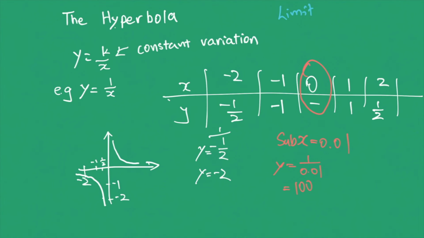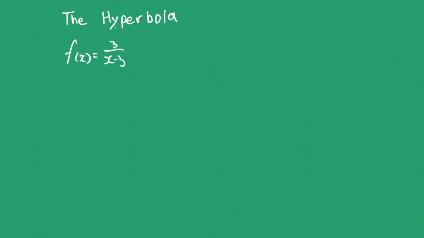Alright, now let's look at some special cases of the hyperbola. Let's have a look at this question. Function y equals 3 over x minus 3. Since the denominator cannot be 0, x cannot be 3.